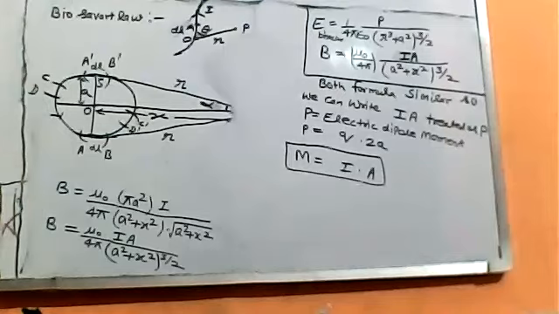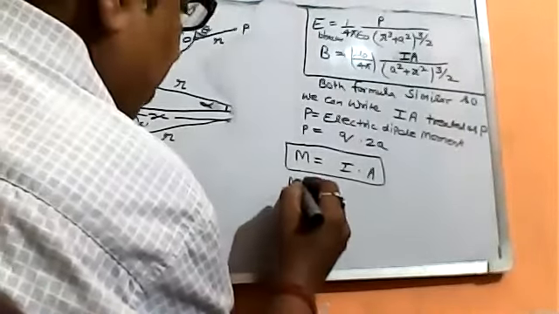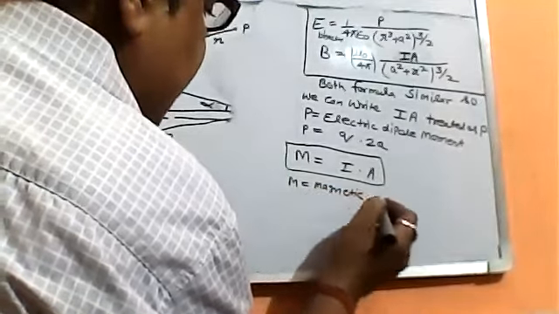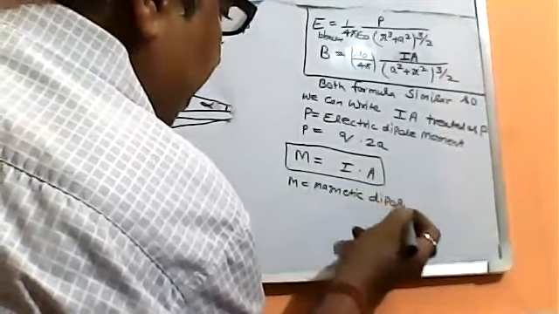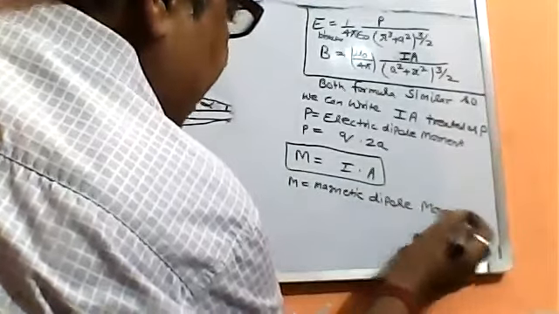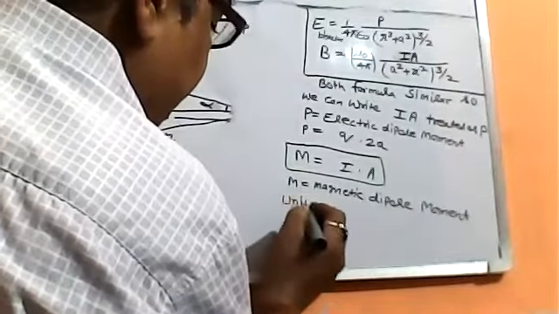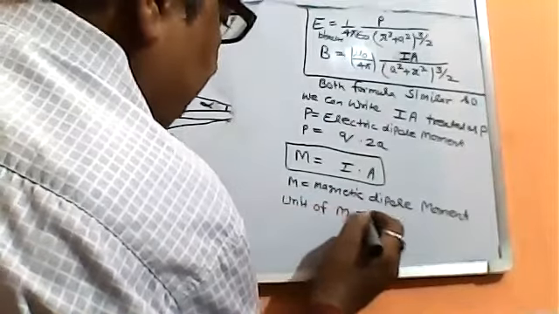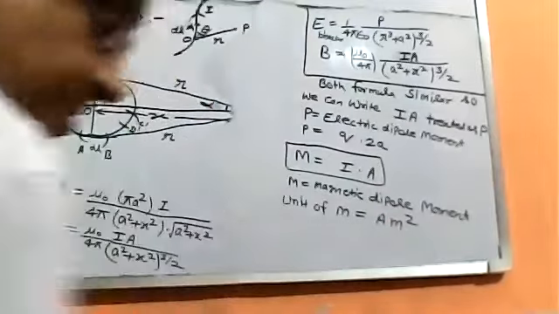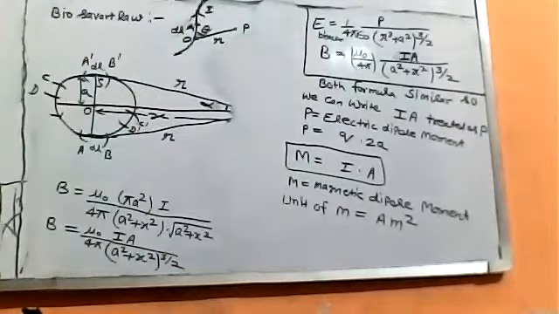So the unit of magnetic dipole moment is ampere meter square. M equal to magnetic dipole moment, unit of M equal to ampere meter square. This is clear, Anisa? Yes, sir.